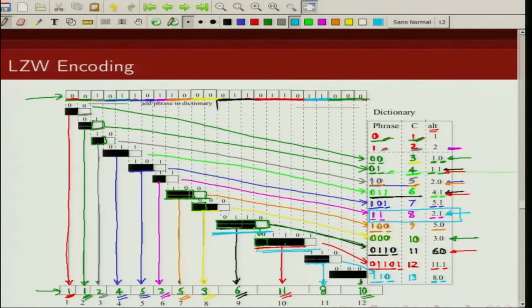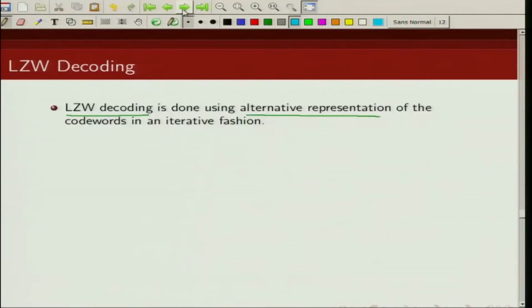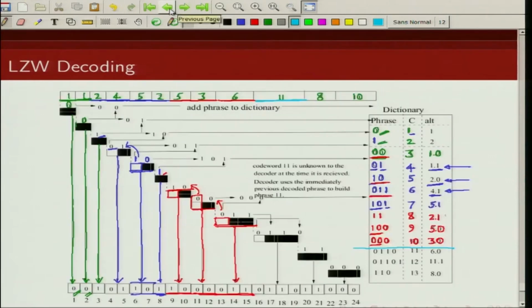So if you use a string which has just been put in the dictionary, you encounter a string that is not there in the dictionary yet.